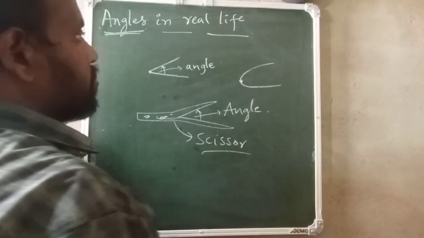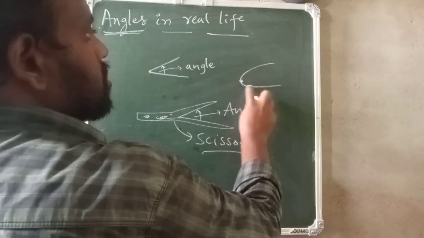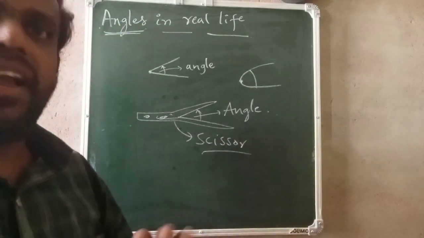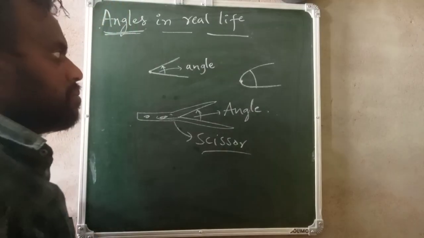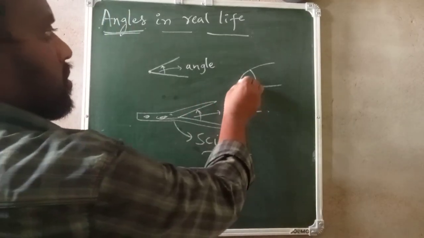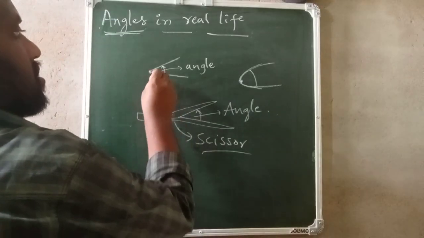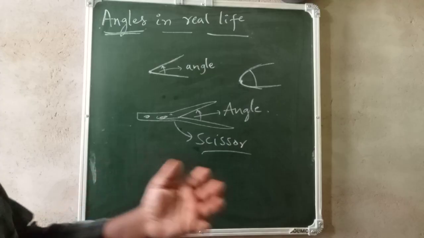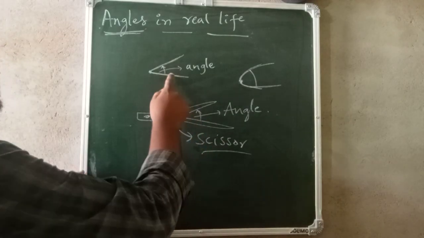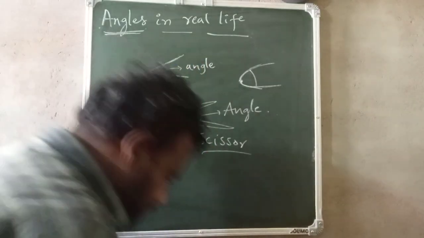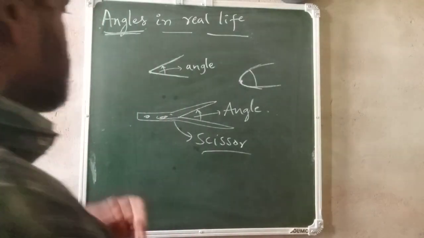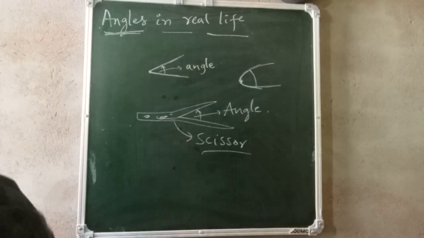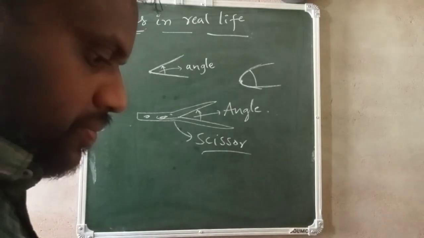If this is also a curve and this is also a curve, for this I will not say it is angle. Okay, so remember, this and this should be straight line like this. Then whatever the space formed between this and this is the angle. Okay, so that you must remember. So this is one real life example, the scissor.